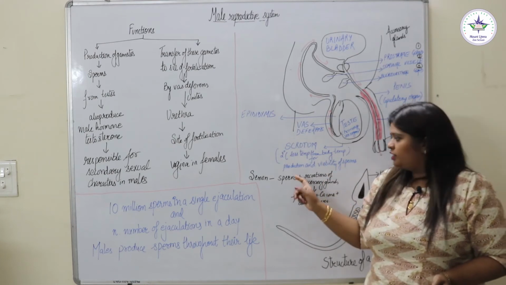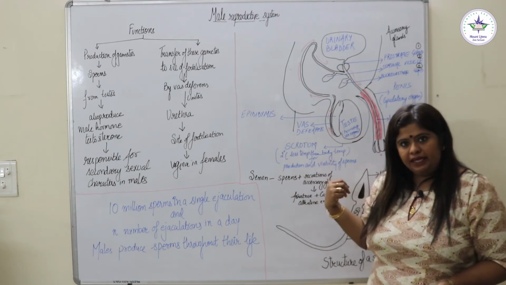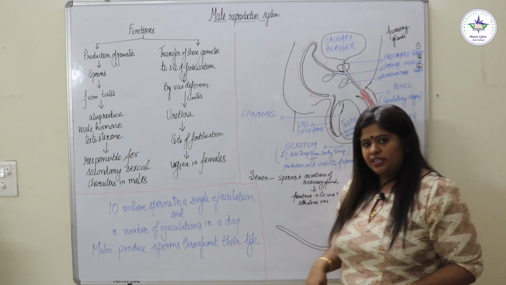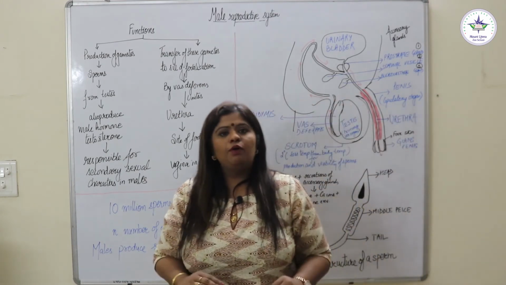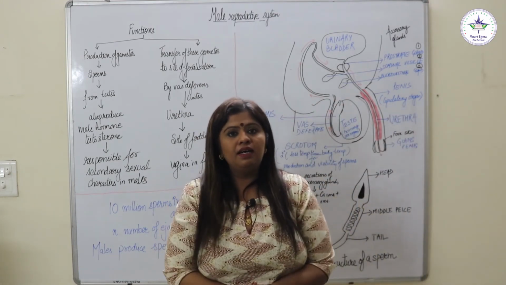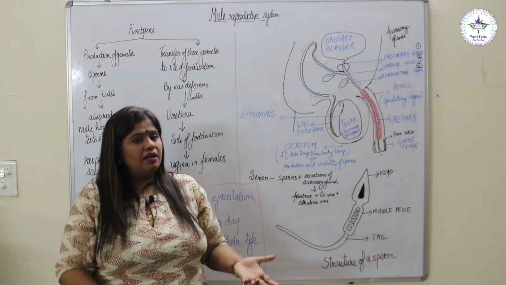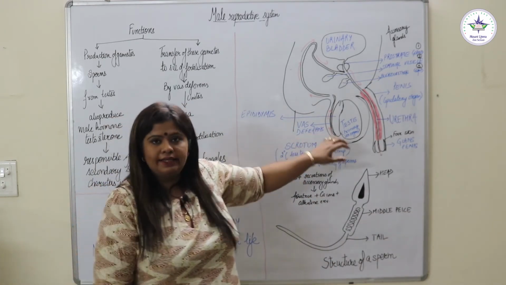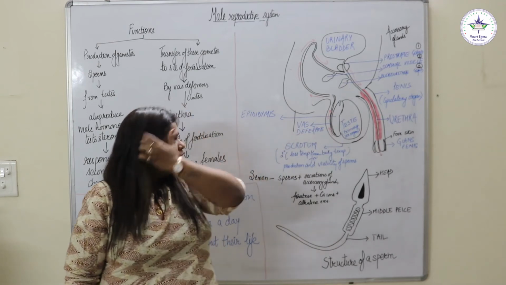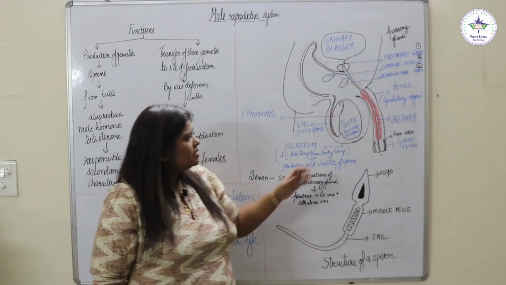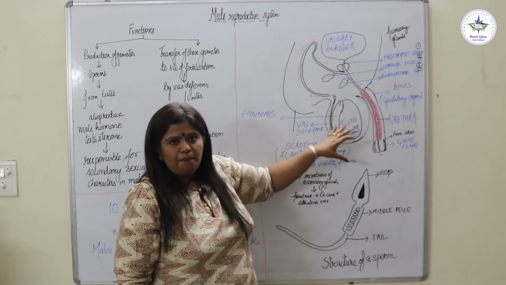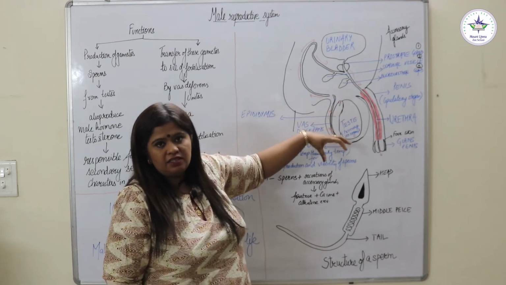For the production of the sperms and for the viability, a temperature 2 degrees less than the body temperature is needed, and this is maintained by the scrotum, the muscular bag which holds both the testes together outside the human body.